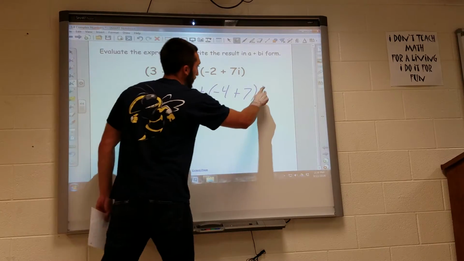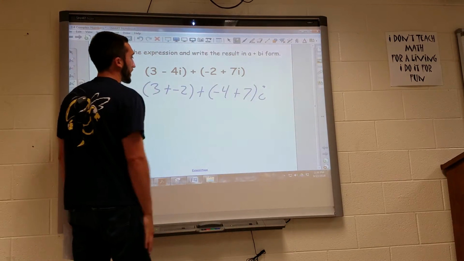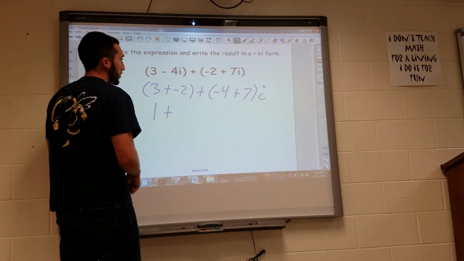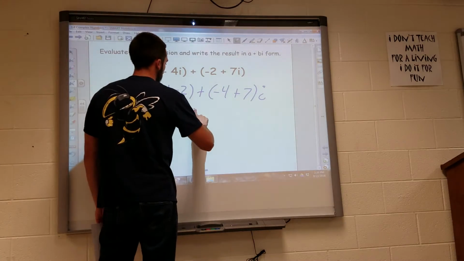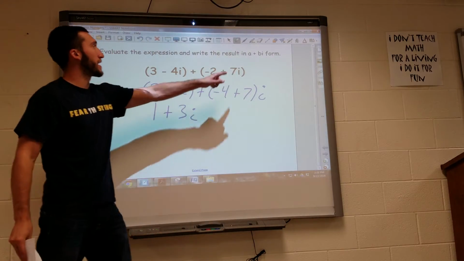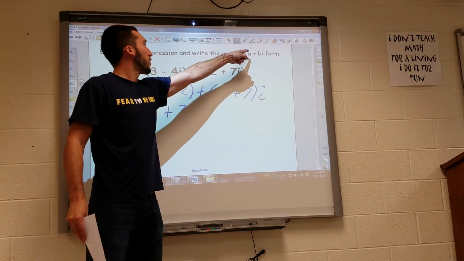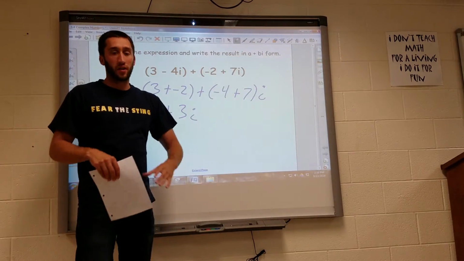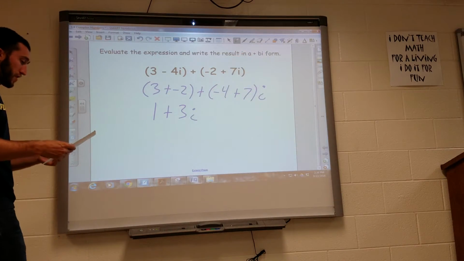So we just add the numbers in front of the i together, add the real numbers together, we end up with 1 plus 3i. And this is written in a plus bi form, where our real number comes first, and then our imaginary number comes second, the one in front of our i.